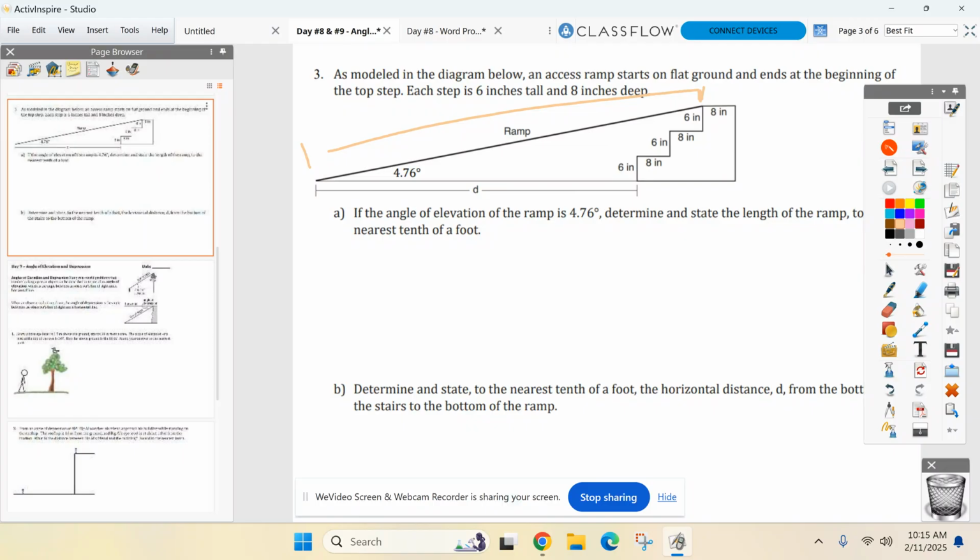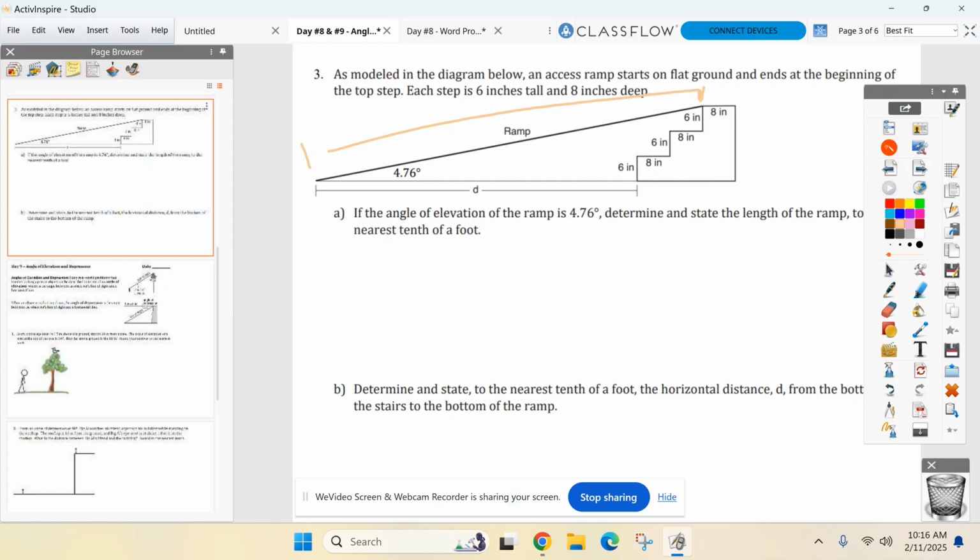You'll notice I do have a right angle here. Those are vertical and horizontal, so I do have a right angle. I started you guys off with a pretty tough problem, finding that ramp. I don't want to give anything away here, but I know I'm going to have to use that 4.76 and maybe some combination of these 6 and 8 inches to find the length of that ramp.